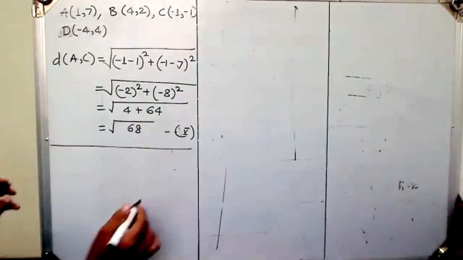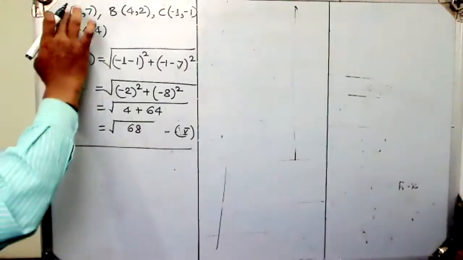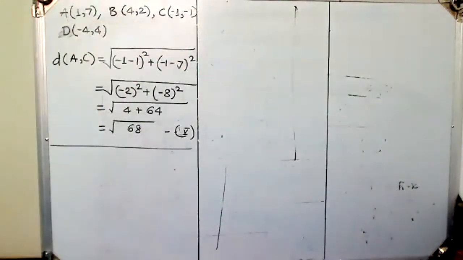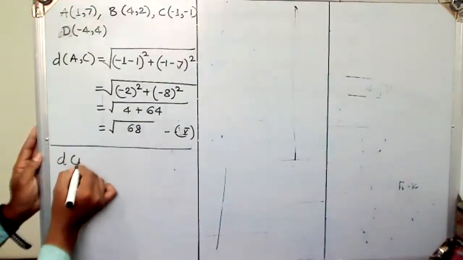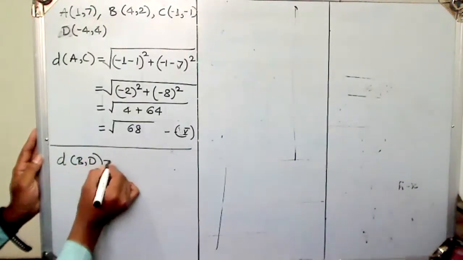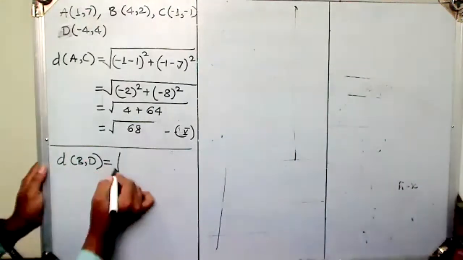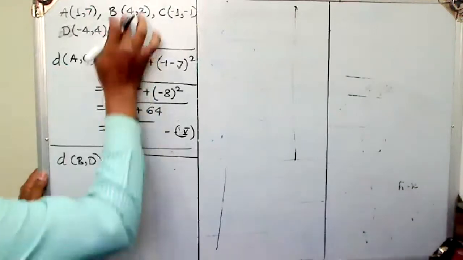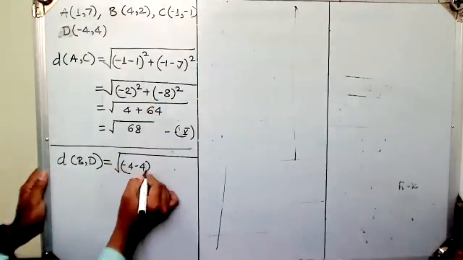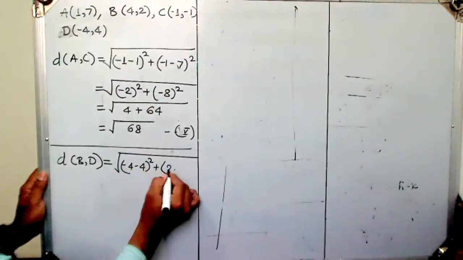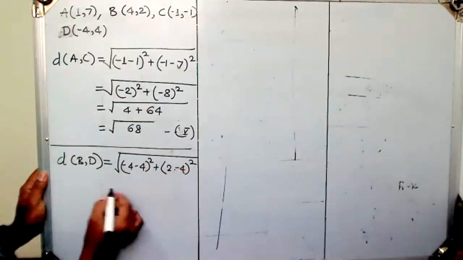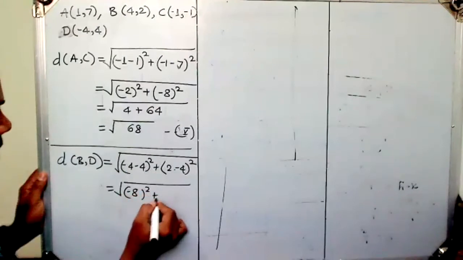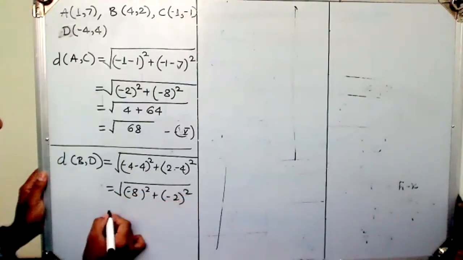Now I have found AC. Now I have to find the distance BD. Again, I am using the distance formula for BD: (-4) square plus (2 - 4) square, (-4 - 8) square plus (-2) square.